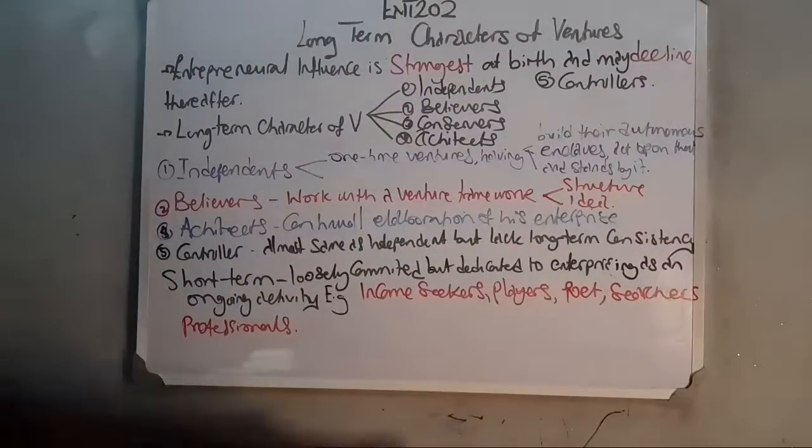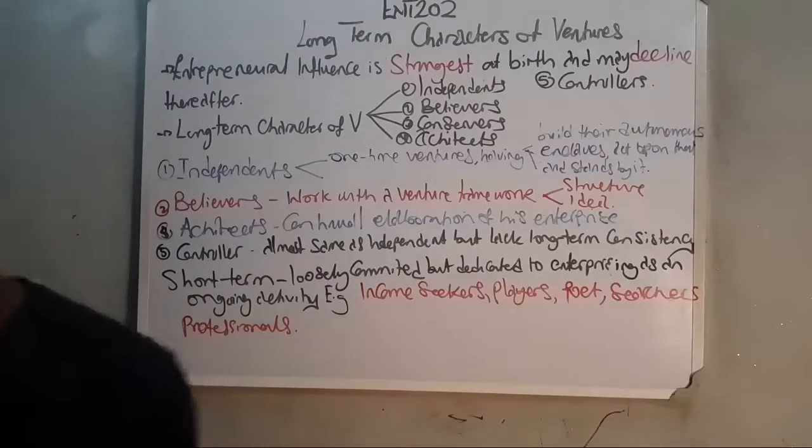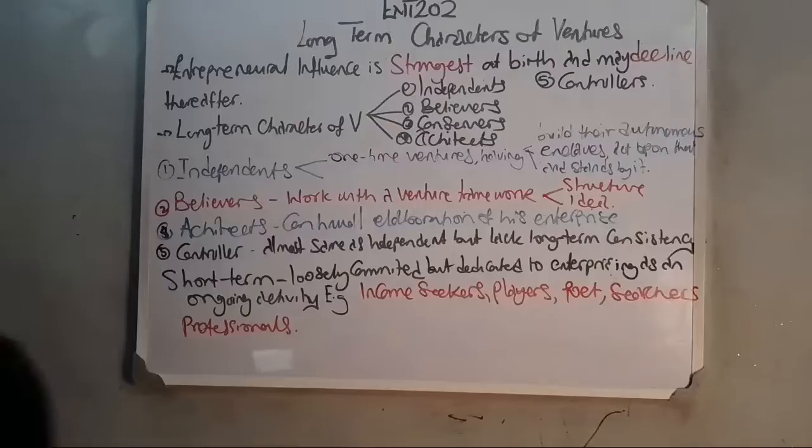Income seekers, like the name says, are just out there to seek income. Income seekers and players are the same thing; they are out there to see what is going on and how they can make benefit out of it.